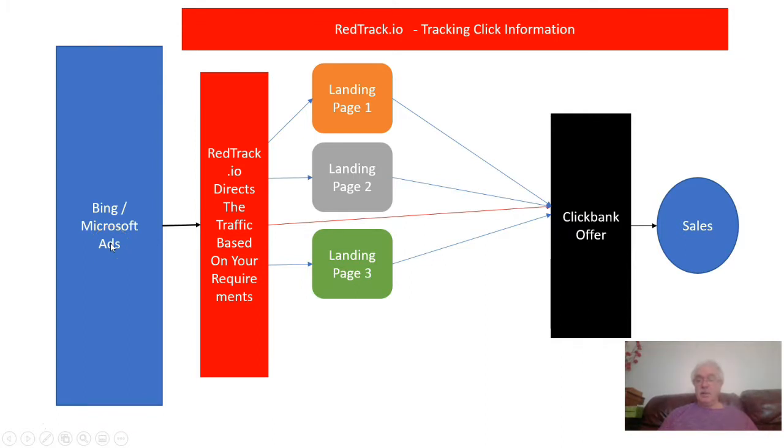So if I go into Redtrack and just show you the standard data that is recorded with the standard Bing setup, and the ones that I find most useful, the ones I'm using.